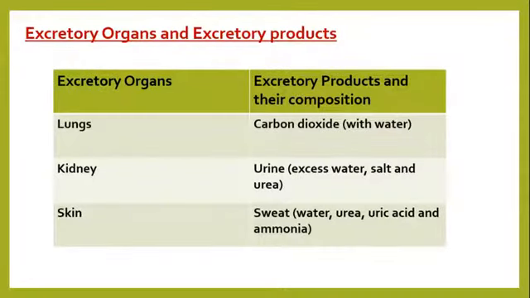All right. So we start with lungs. We're saying that lungs is an excretory organ that produces carbon dioxide as its main excretory product. Also, with carbon dioxide, we have water.